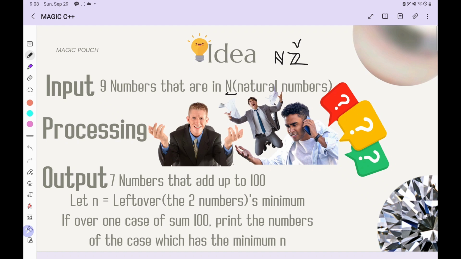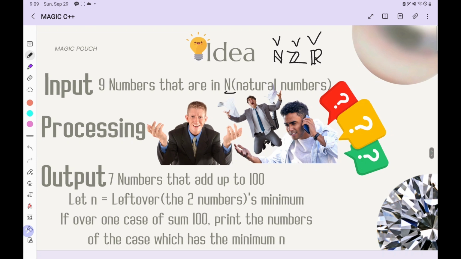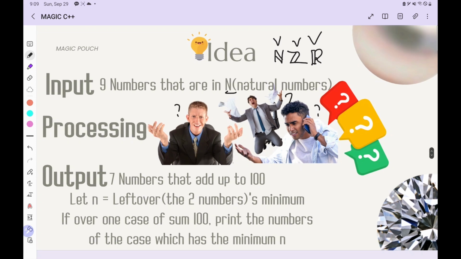This is integers Z and natural numbers N, and probably we have other things which I do not know well, but maybe rational numbers was probably R, and irrational numbers was probably I, and I'm not sure about that, but this is sure. Anyways, 9 numbers that are in natural numbers, and we don't know the processing yet. That's why I put all these: what, how, why, when, where, which. So the output is 7 numbers that add up to 100.